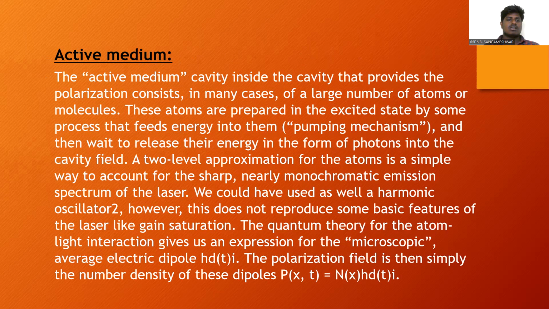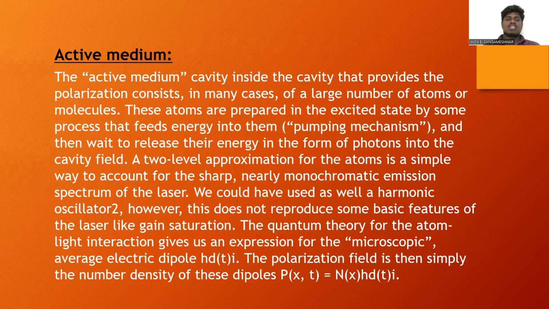A two-level approximation for the atoms is a simple way to account for the sharp, nearly monochromatic emission spectrum of a laser. We could have used a harmonic oscillator too. However, this does not reproduce some basic features of the laser like gain saturation.